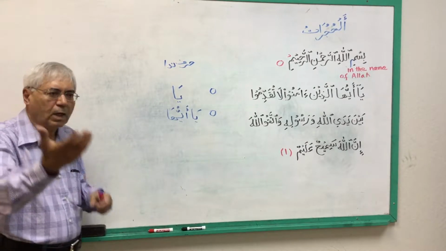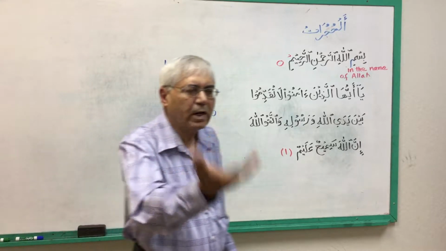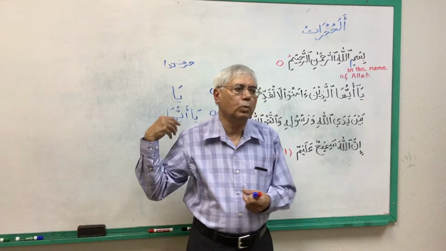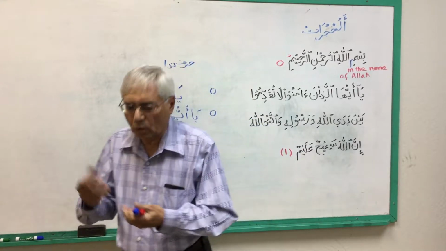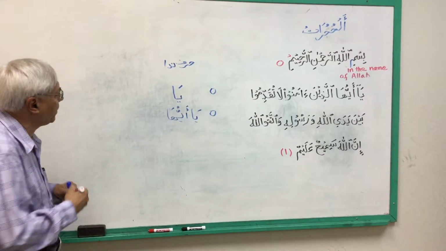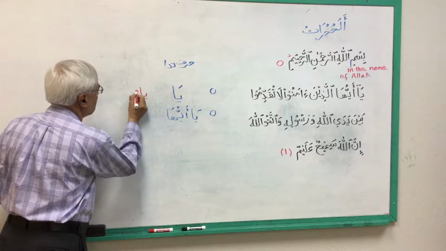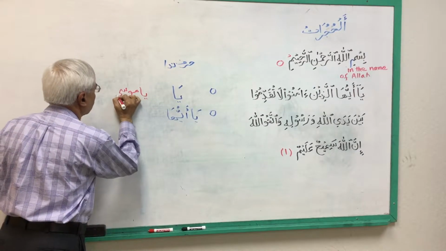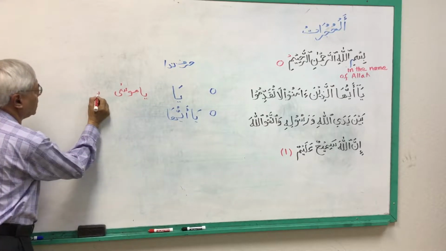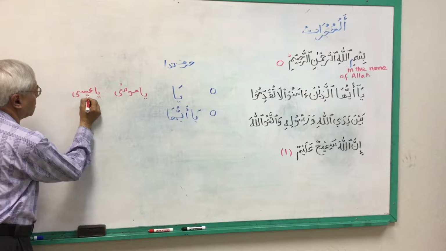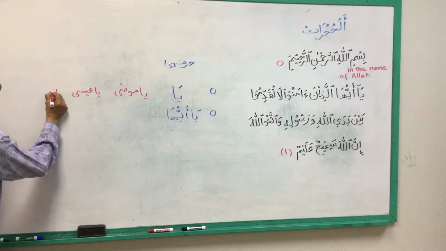When Allah subhanahu wa ta'ala is addressing someone in the Quran, He first uses these words. For example, in many places in the Quran, you will see the word Ya Musa. You will see the word Ya Isa. You will see the word Ya Lut.